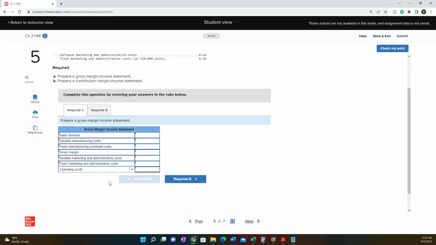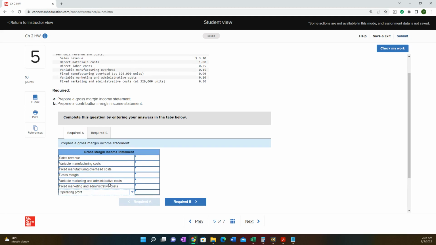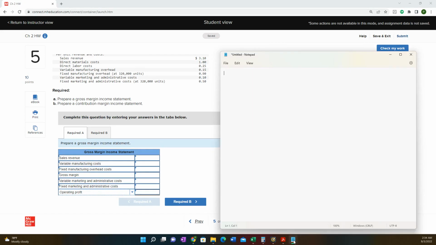First, we need to calculate the total sales revenue. We see here that we get $3.10 of revenue per unit, and we multiply that by 320,000 units to arrive at $992,000. Next is variable manufacturing costs.